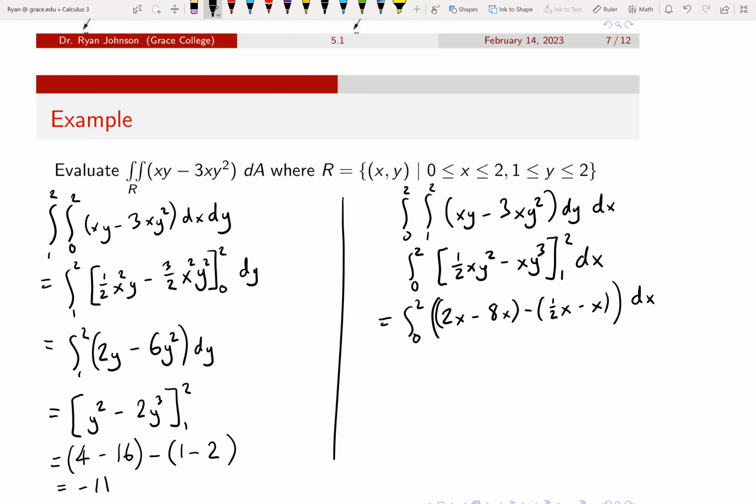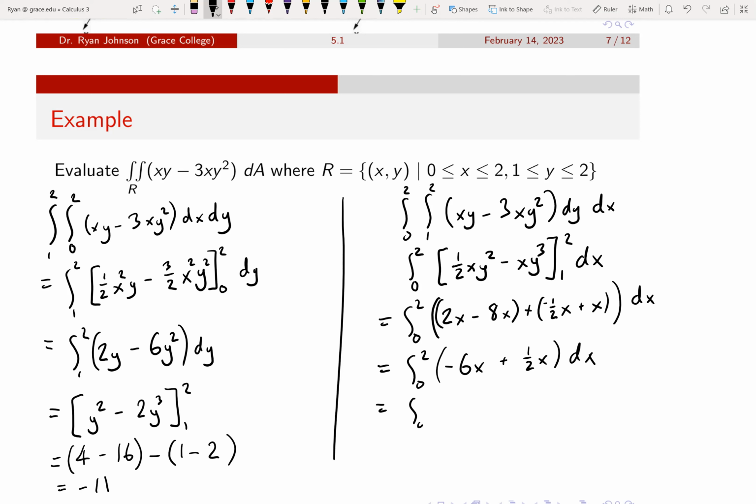So in this parentheses, I plugged in the 2. This parentheses, I plugged in the 1. Let's move the negative through. Then that's equal to the integral from 0 to 2 of negative 6x plus 1/2 x dx.